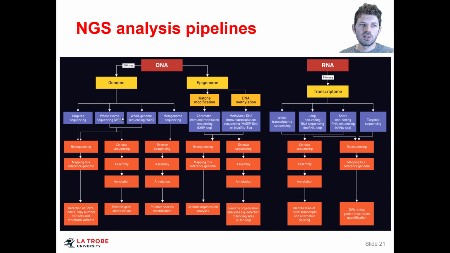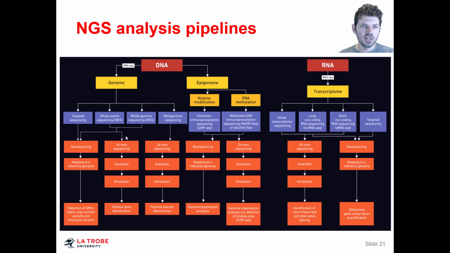This is a specific type of targeted sequencing where you're just sequencing those exomes. But generally speaking, it's still going to be a similar process where you're sequencing the DNA and then assembling it together.